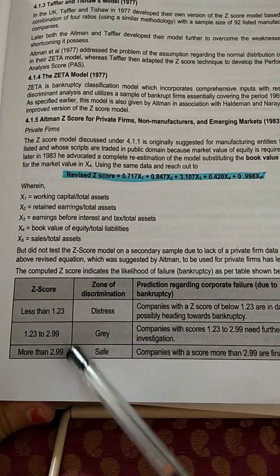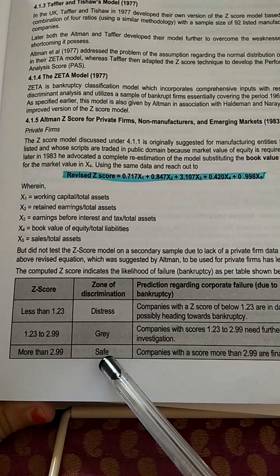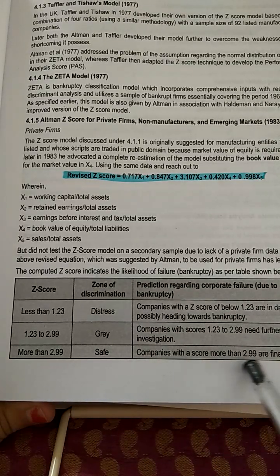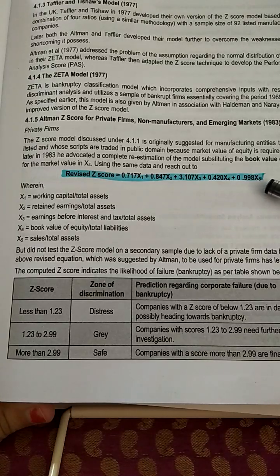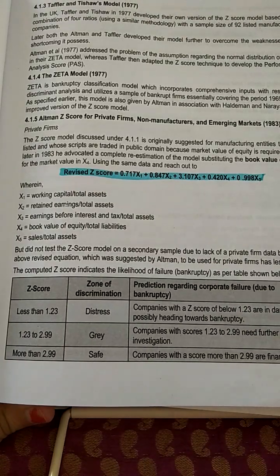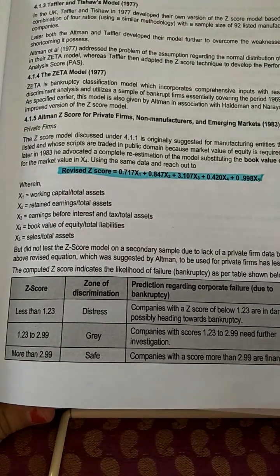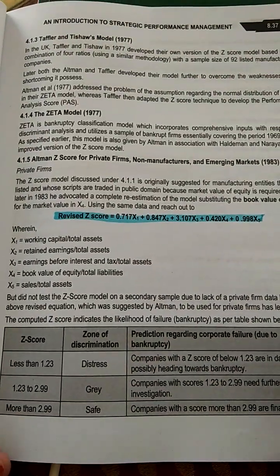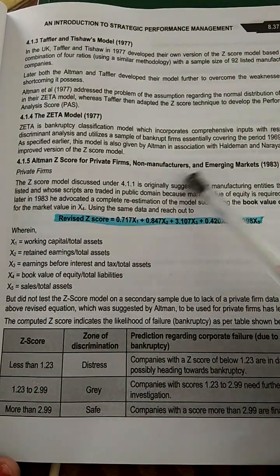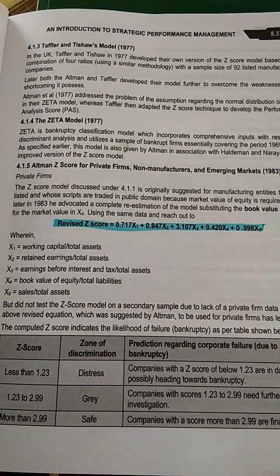And if the score is more than 2.99, it is safe; companies with a score more than 2.99 are financially sound. So this is the revised z-score applicable to private firms, and those earlier were the z-scores applicable to non-manufacturers and emerging markets.